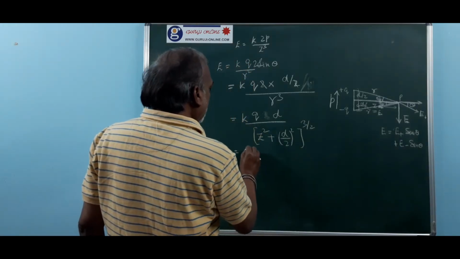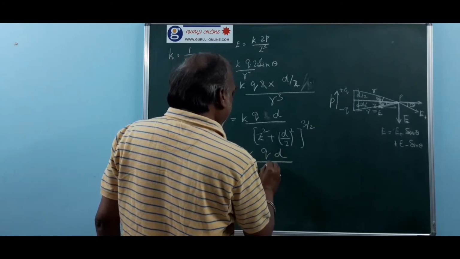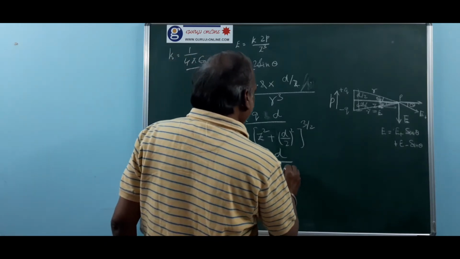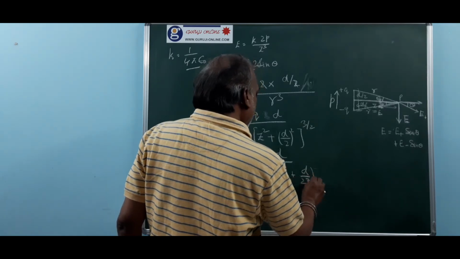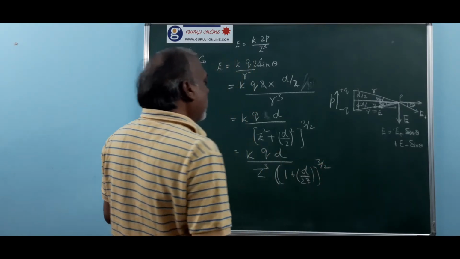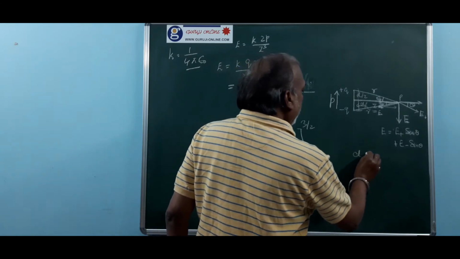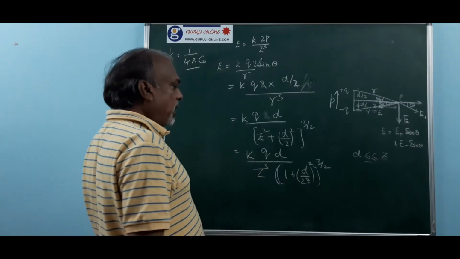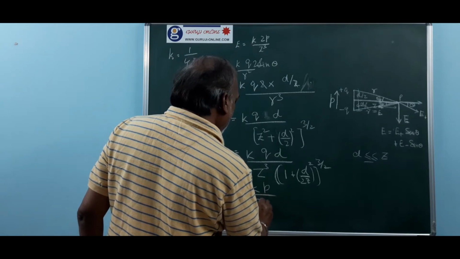Now suppose you just take the z out, 1 plus d by... so again, since d is very much less than this z, we can cancel this thing out, means this will be nothing but KP upon z cube.